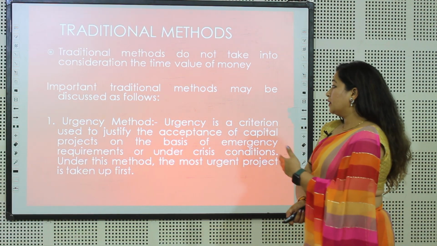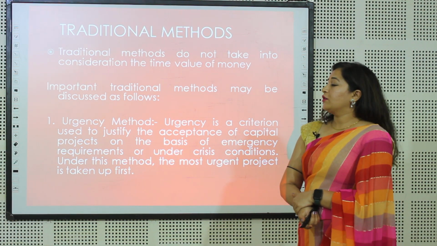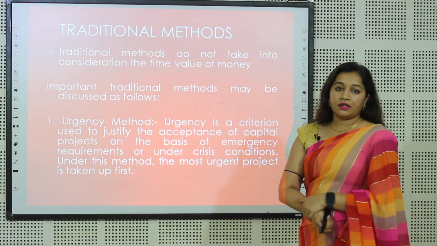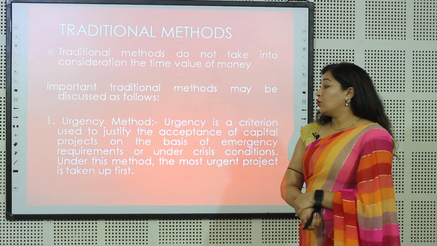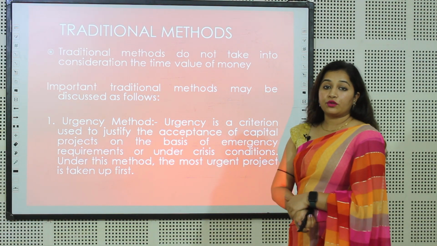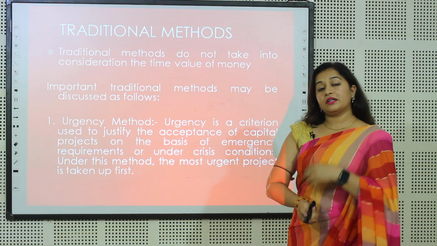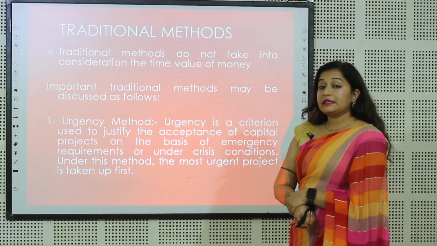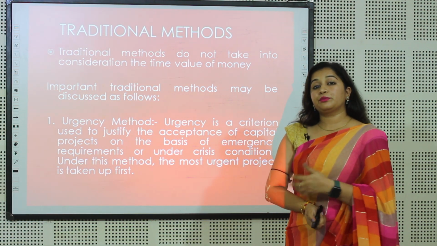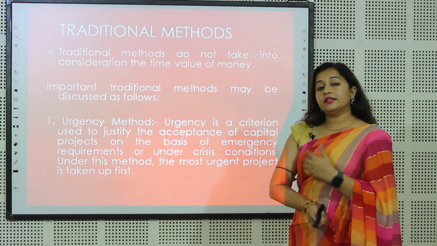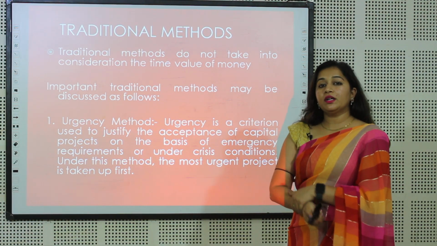Say for example, if the organization is in the manufacturing industry, and the organization is manufacturing something, and suddenly the machine shuts down. So it is a very emergency condition for the company. They have to come up with a new machine. On an urgent basis, they have to select a new machine for the company so that they can start their production, because they have their deadline, they have to finish the goods within a particular time bound.